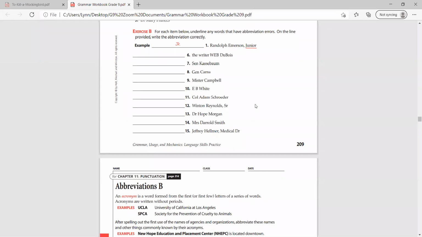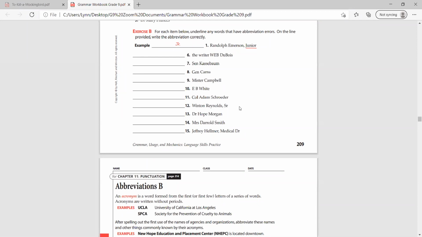Continue. Okay. For 11, we will put a period after Col. Okay, what do you think COL stands for? I don't know. Does anyone know? Colonel. Yeah, a colonel. It's a military title, Jenna. Okay.